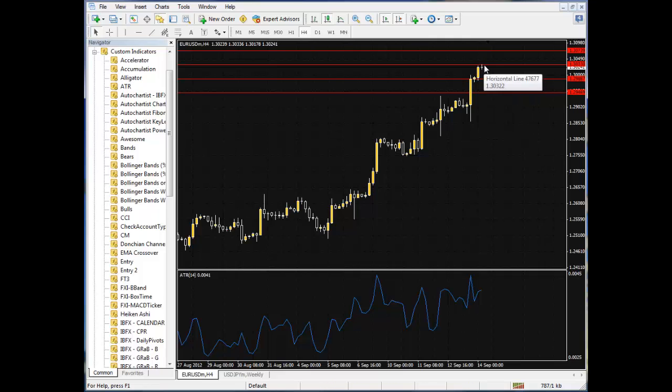So now if this market moves up to here, then we'll take our profit out of the market right there. So 41 pips of profit on half of the trade and approximately 82 pips profit on the other half of the trade.